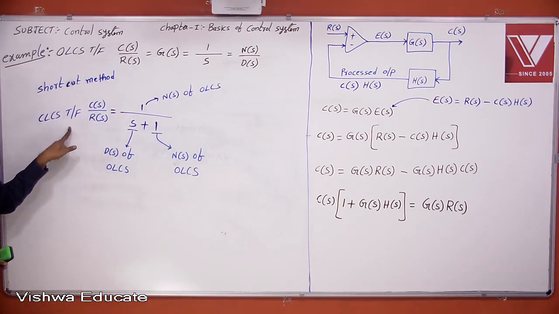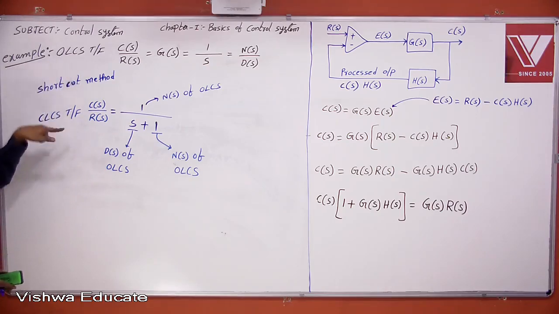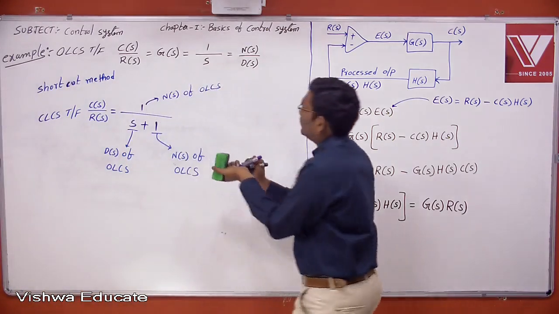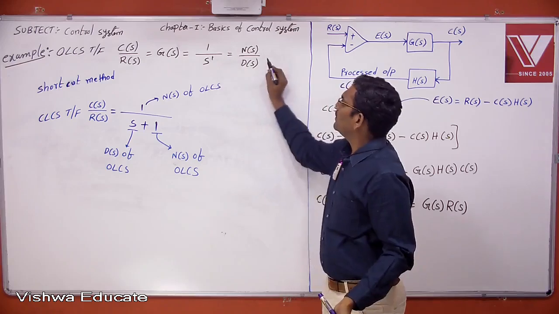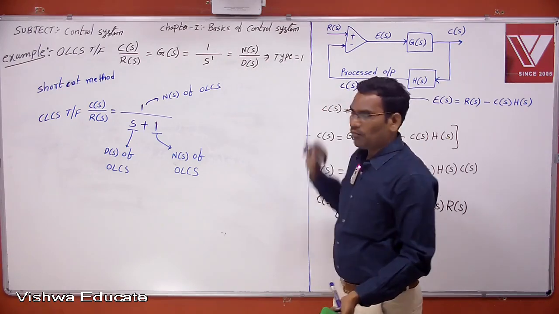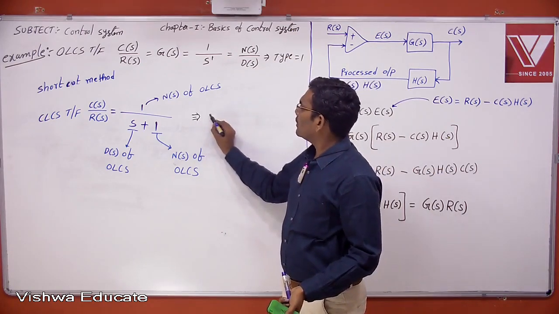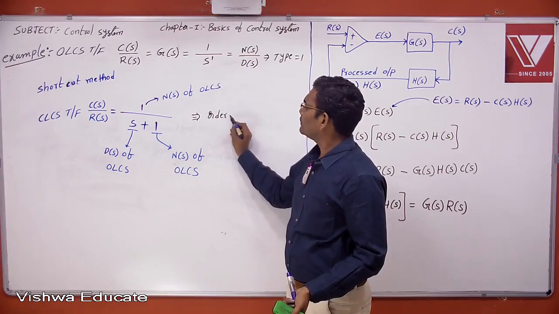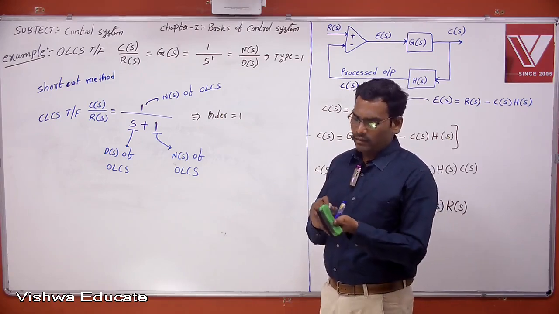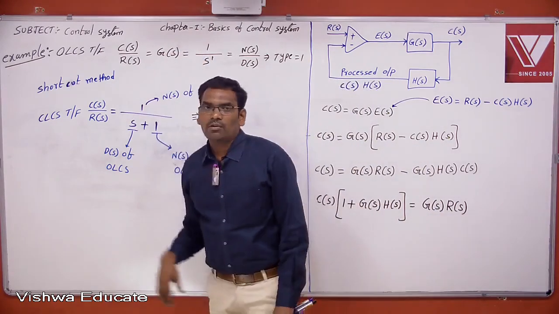Previously we converted from closed loop to open loop. Now you are going from open loop to closed loop. In the open loop control system, we can find the type directly: type equal to 1. In the closed loop control system, we can find the order directly: order equal to 1. This is one shortcut method from the open loop to the closed loop control system.